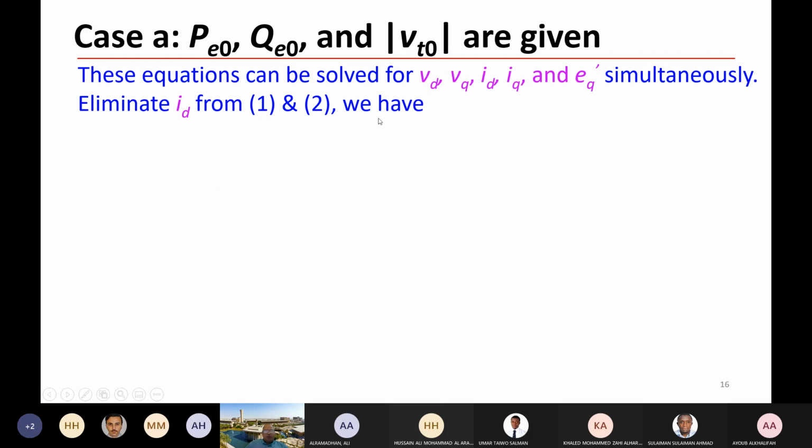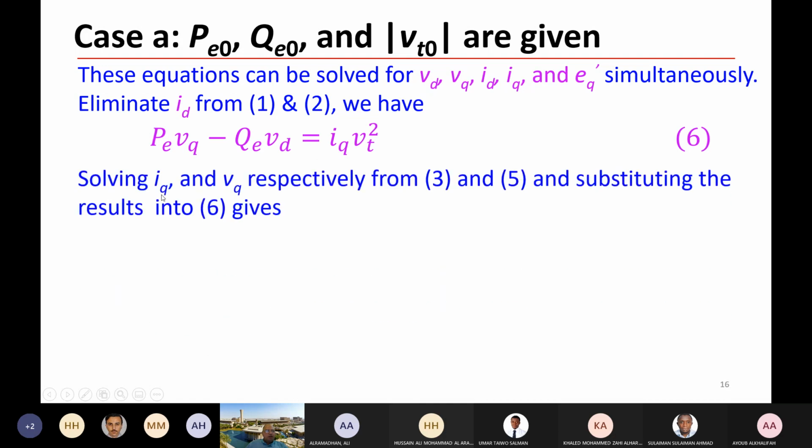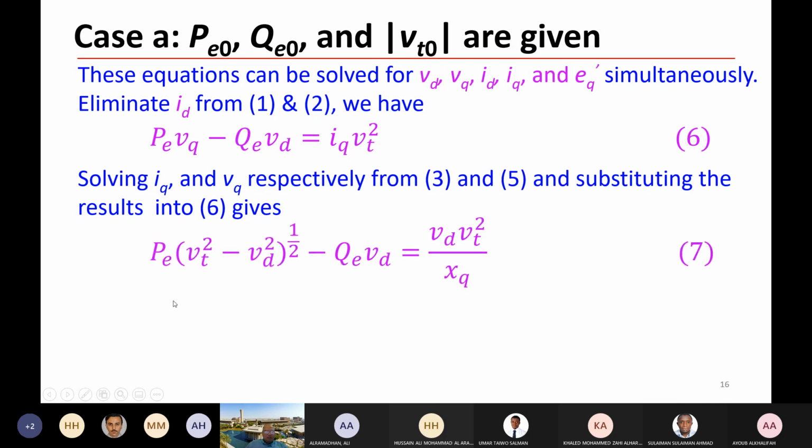Eliminate ID from equations 1 and 2, and we can obtain this equation. In this equation, you have VD, VQ, and IQ. Solving IQ and VQ respectively from 3 and 5, and substituting the results into equation number 6. As I mentioned, you have some manipulation with these equations in order to reduce it to one equation, one unknown, and then you can solve.